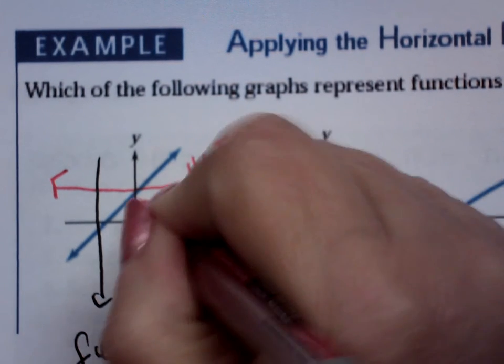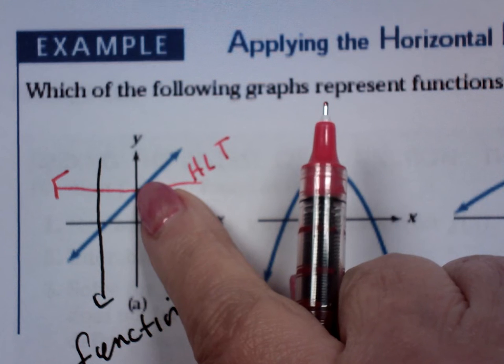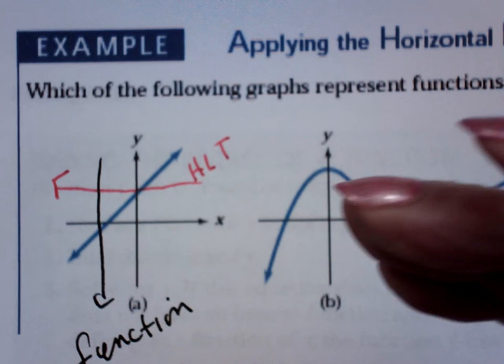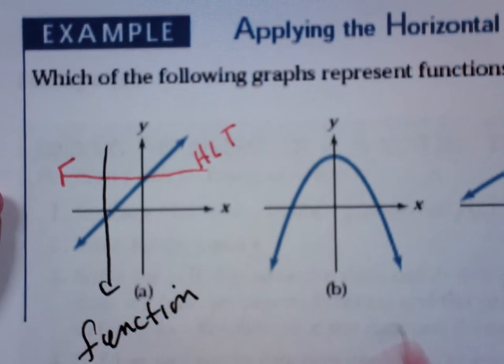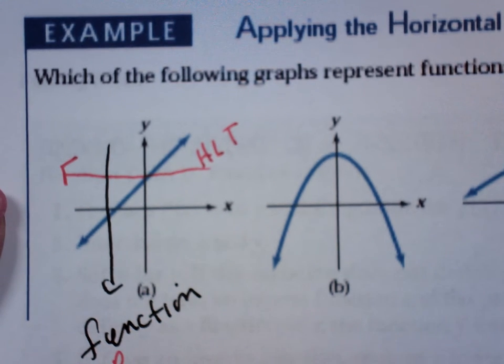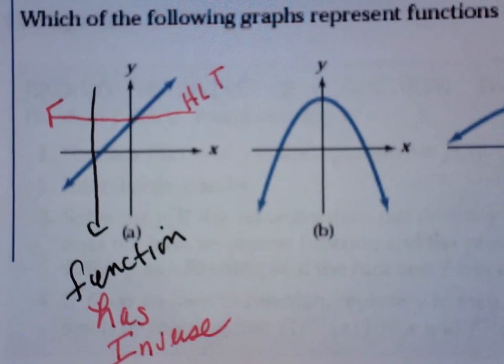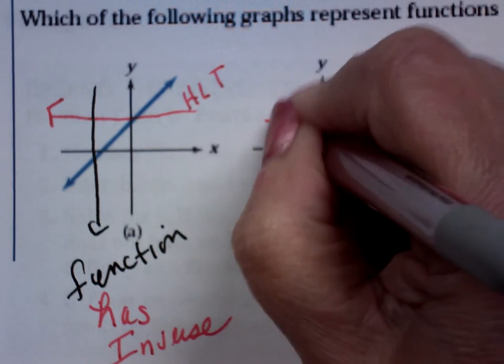Well, what does that mean? That means that it's 1 to 1. That means that there's only one x to one y. So this has an inverse. Now this guy, if I draw a horizontal line, what do you notice?